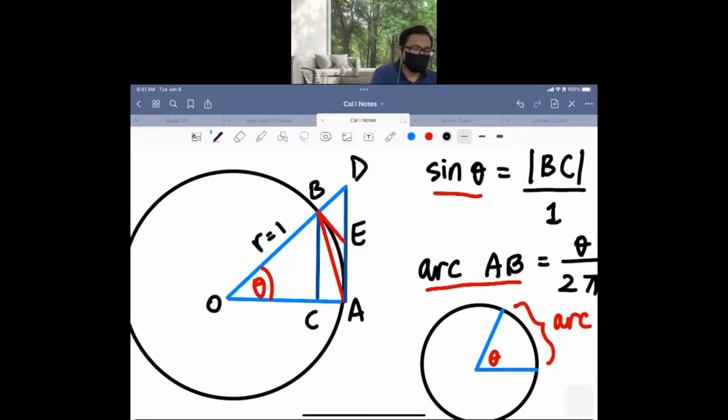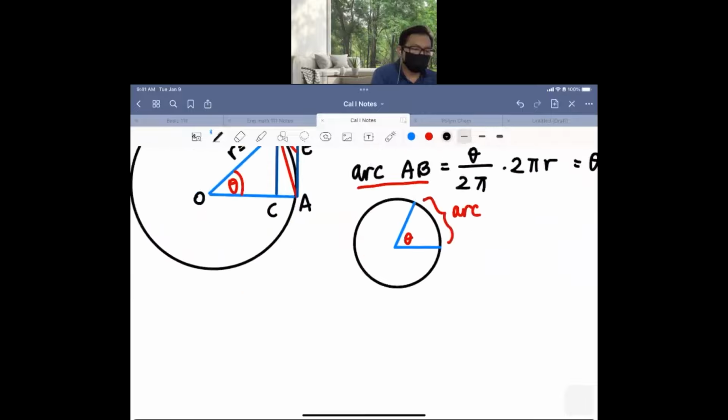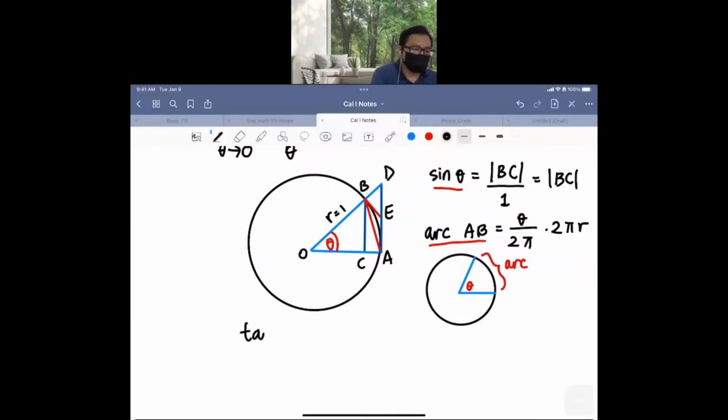If we take a tangent, maybe here, to give you a clearer image, so let's say the tangent theta is AD divided by OA, right?